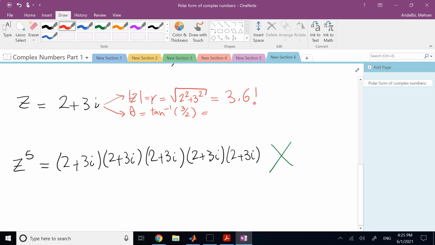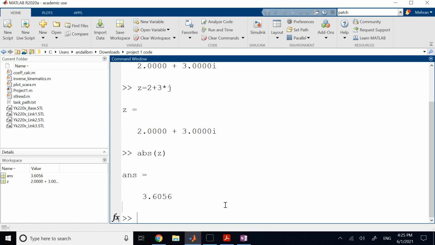And then you're going to calculate the angle, and try to use the angle written in radians, not in degrees. Although if you pay attention and you know what you're doing, it's okay if you want to write it in degrees, but I always prefer to write theta in radians.